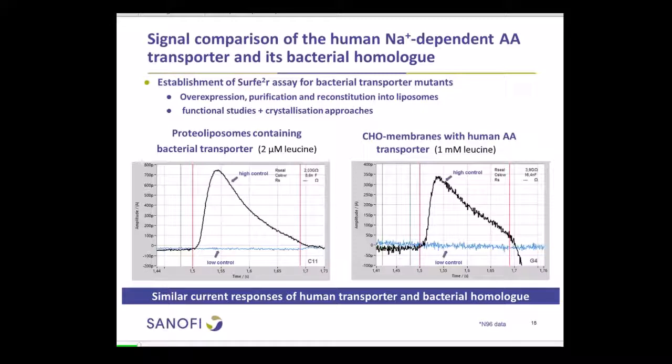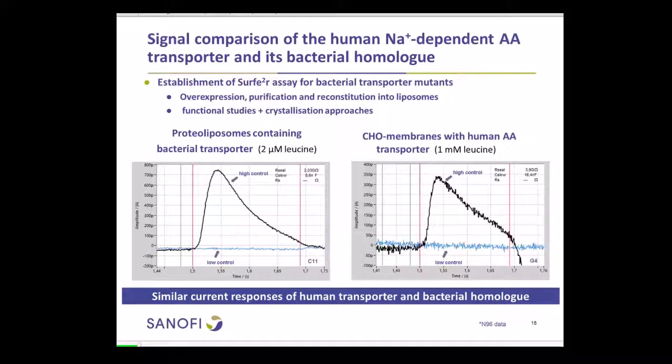Therefore, we also built up a SURFE assay for the bacterial transporter, but this time we reconstitute the transporter into proteoliposomes, which also works pretty nicely, and you get higher currents compared to the CHO membranes we use normally.